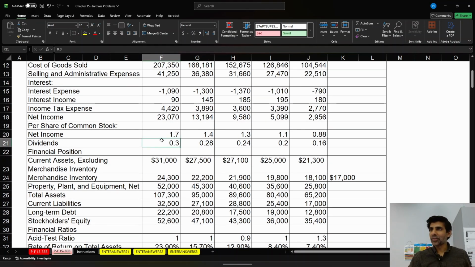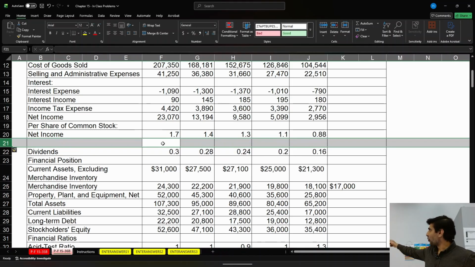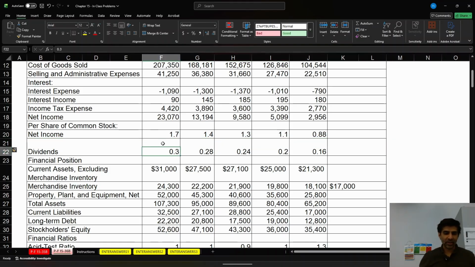Yeah, actually, I was wrong. I think Ella, I told you the wrong thing. I think you just have to use these numbers. So this formula is right: net income divided by the number of shares equals earnings per share, but this denominator is the weighted average. This is going to be the weighted average number of shares outstanding.